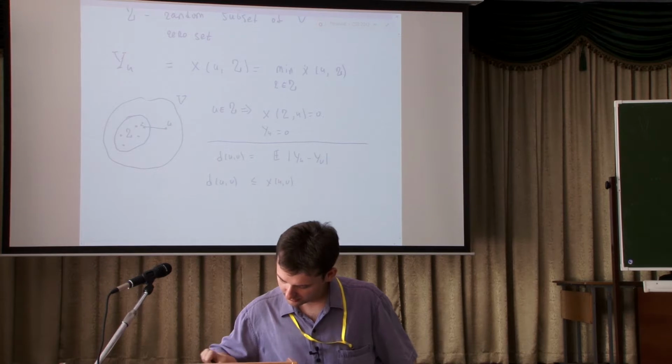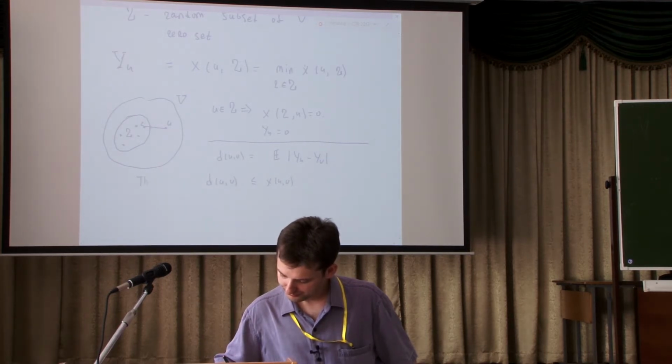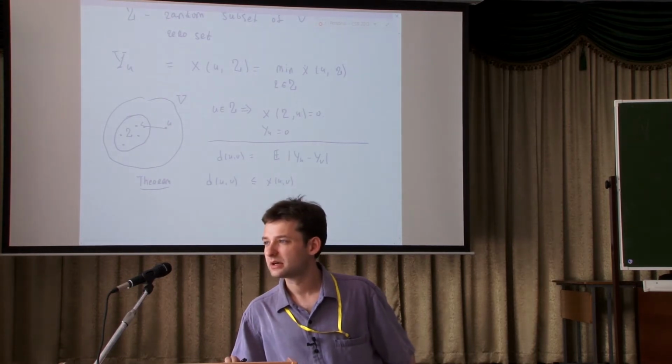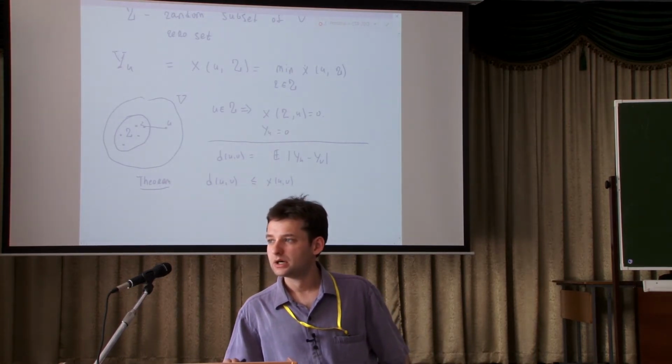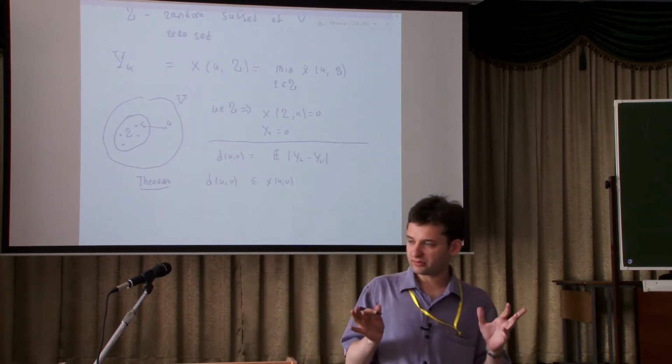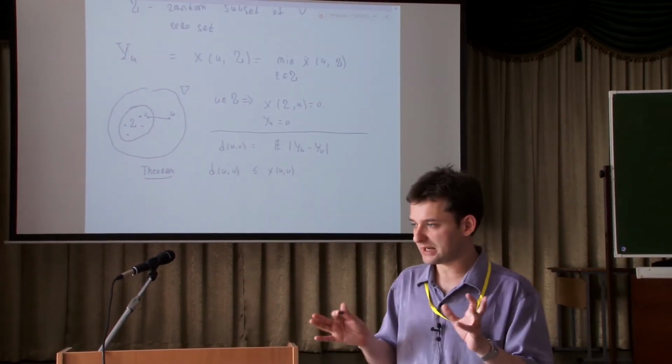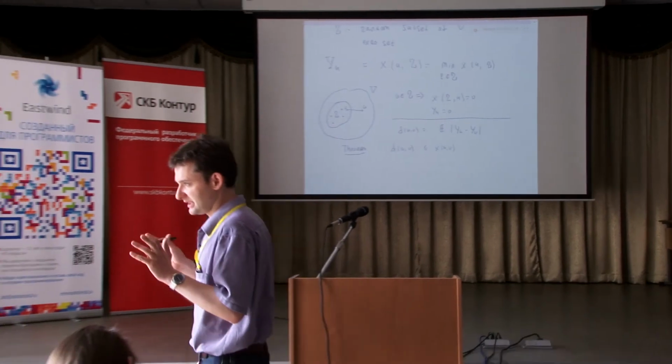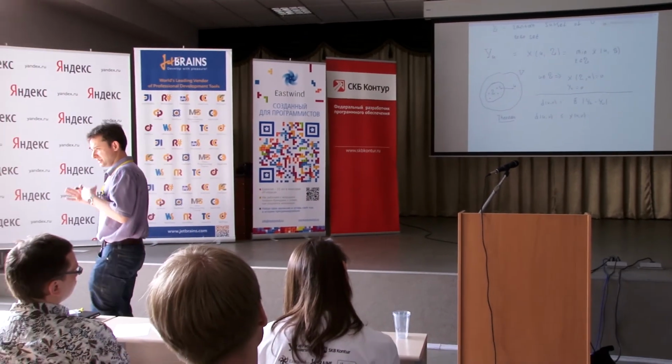Again, this set is chosen once for all graphs? No, the set is random. It's the same for all vertices U. We pick one: we pick the set, it's random, so potentially there are many options.